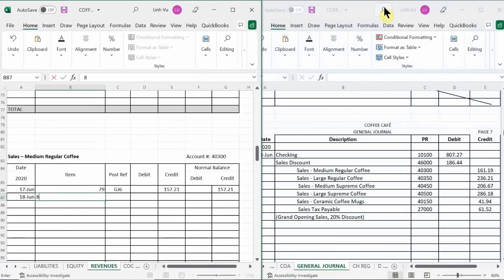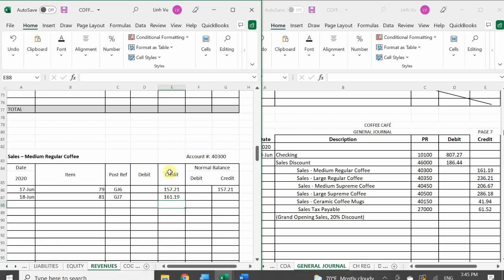We sold 81 cups. Okay. For a total of 161.19. So in this case, what's my ending balance in my medium regular coffee cups?